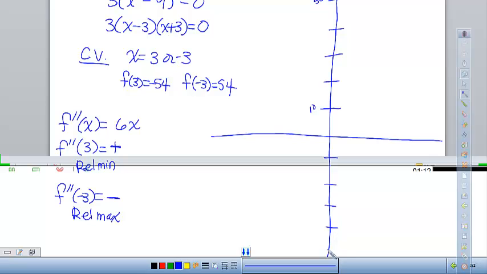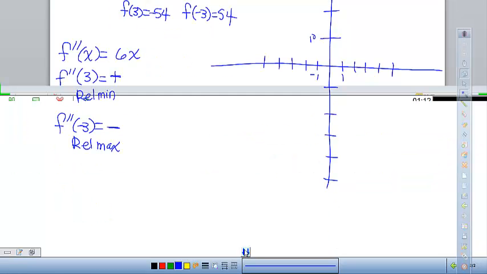this will be a rough sketch. So we know that we've got a point at 3, negative 54. So about right here.